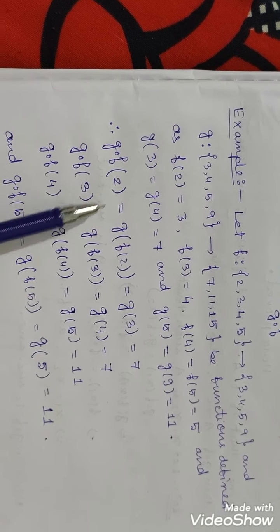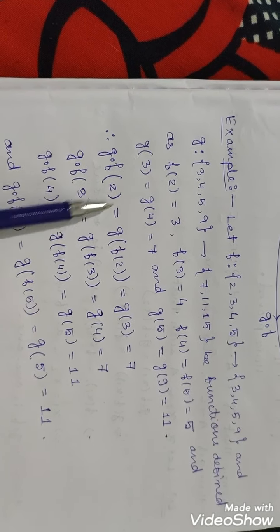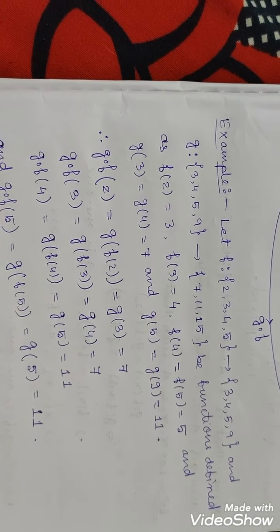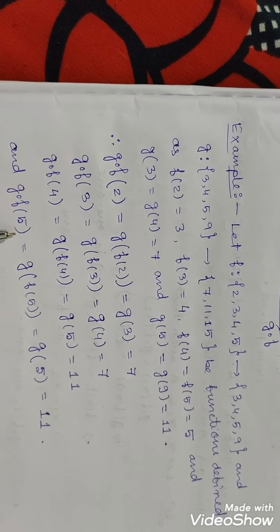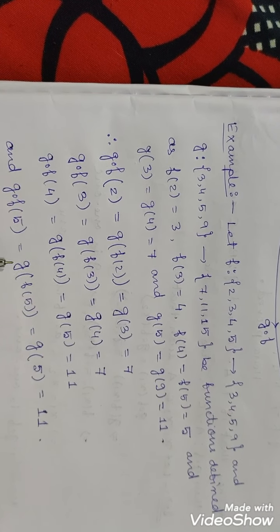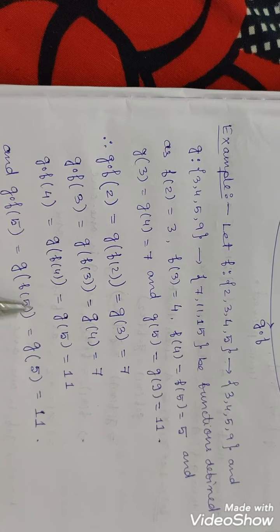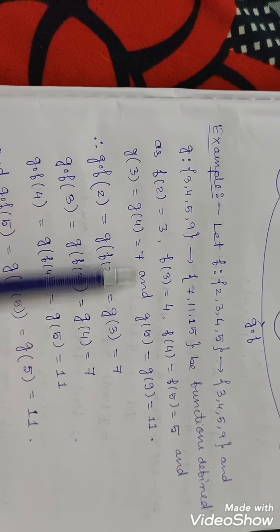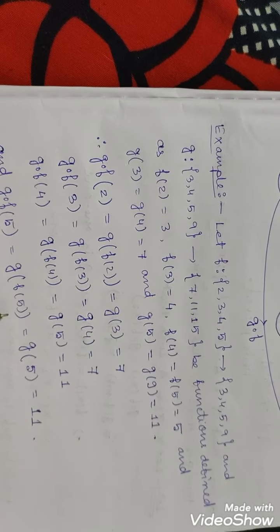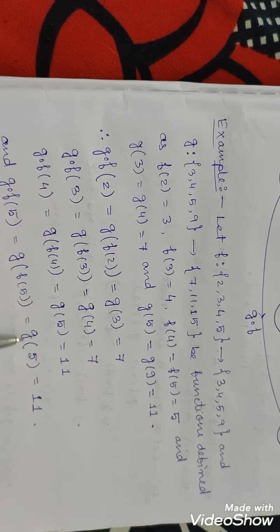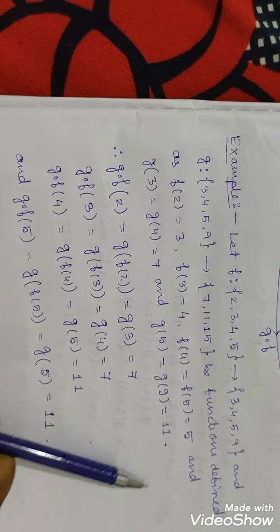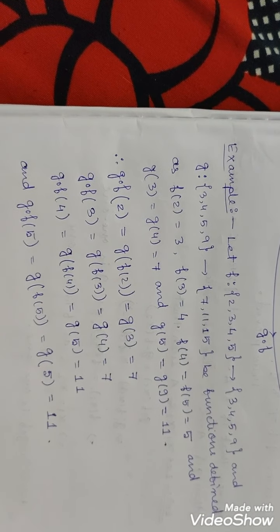So this composition function has an image in C. Similarly (g dot f)(5), so g of f of 5. f of 5 is given as 5, so we put 5 here. Now g of 5 is equal to 11. So this is an example of a composition function.